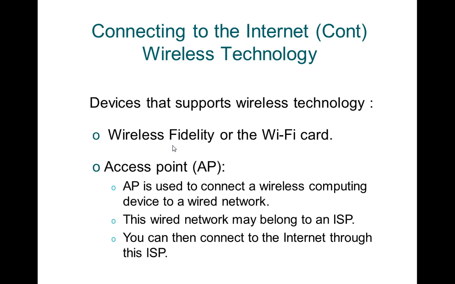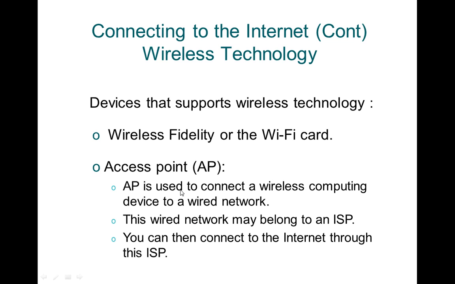Then there is the access point, AP. AP is used to connect a wireless computing device to a wired network. In the same way as wireless fidelity, there is a device known as AP that is used for connecting to the internet in wireless terms. There is no requirement for wires.